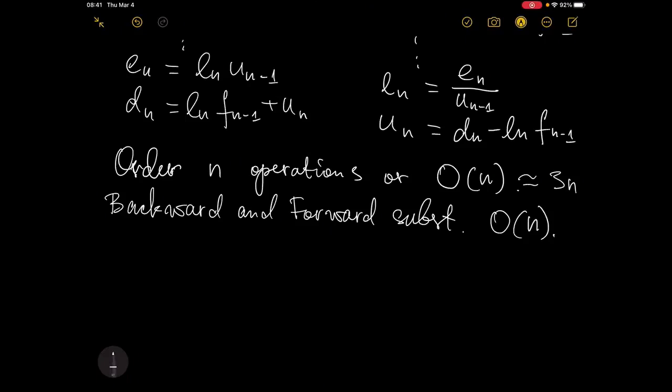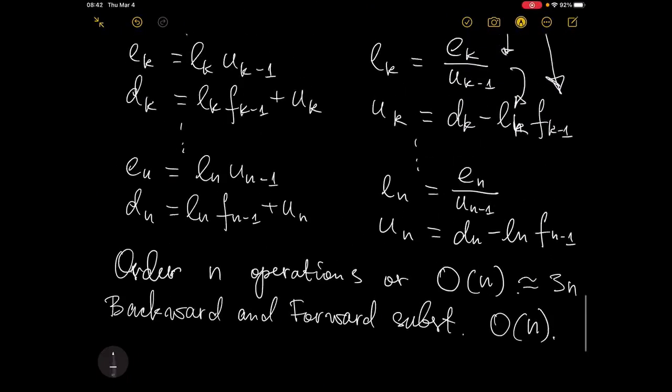So pay attention. How many operations do we need to perform LU factorization for a dense or full matrix, not sparse like we are considering here, just for an n by n matrix? How many operations do we need approximately?